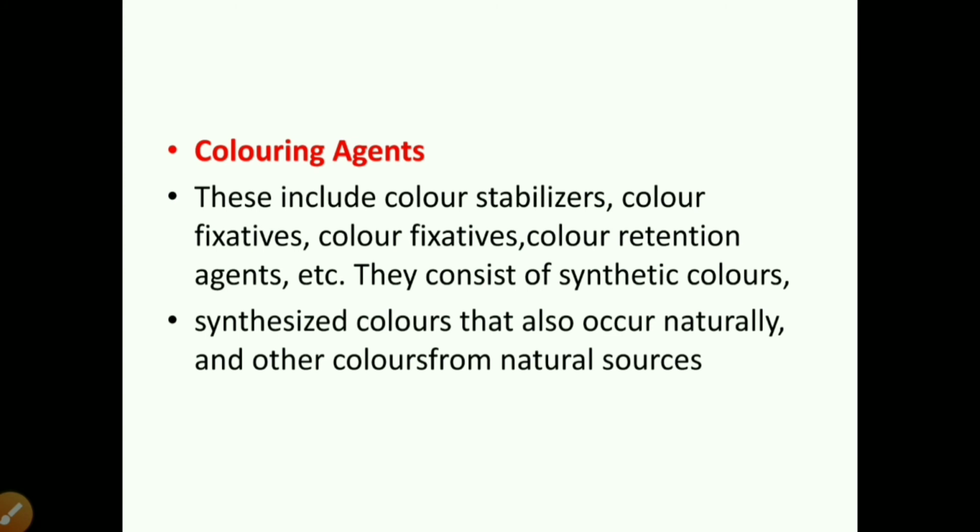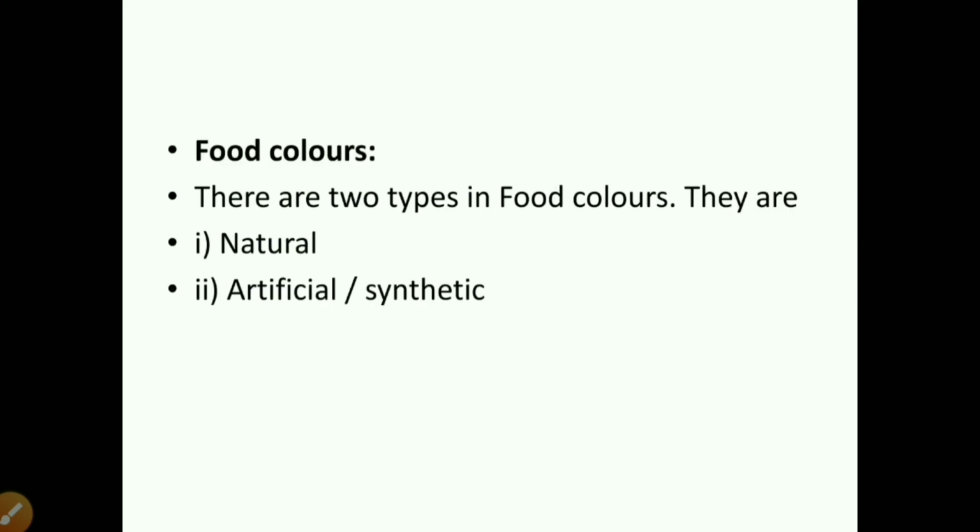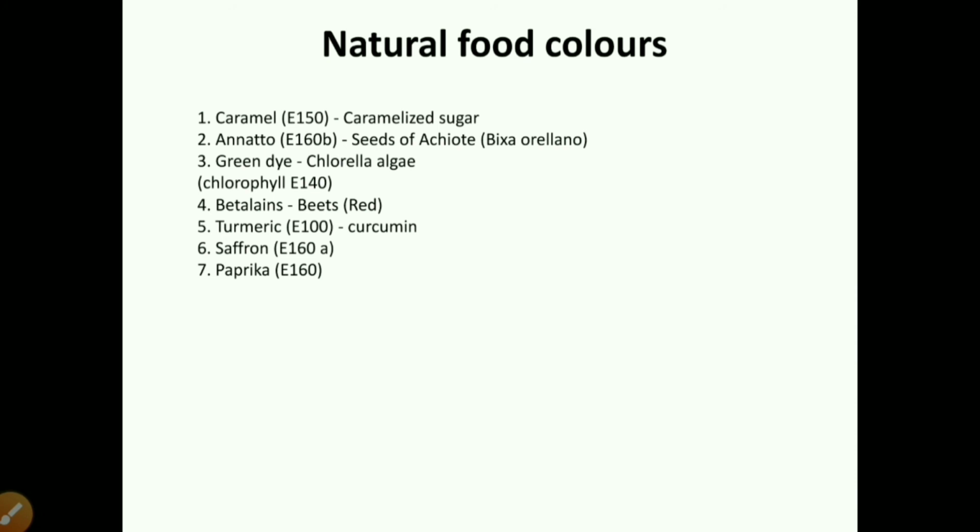Next, coloring agents include color stabilizers, color fixatives, color retention agents. There are two types of food colors: natural food color and artificial food color. Natural food colors include caramel. It is a caramelized sugar. Annatto.